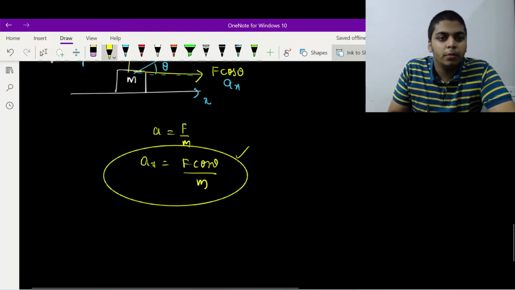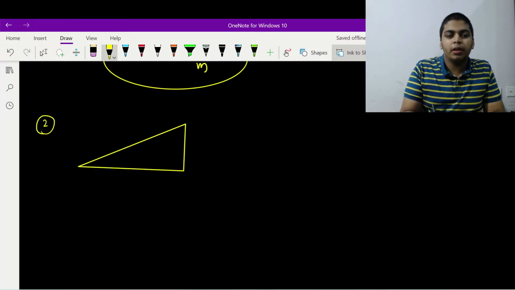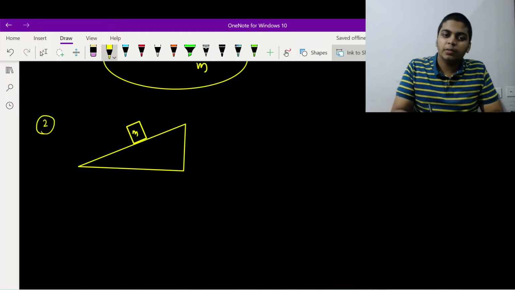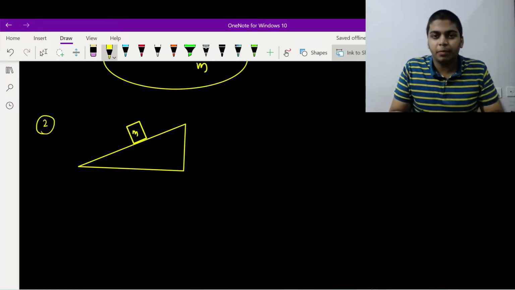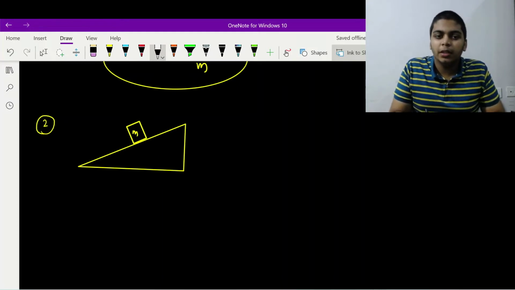Now we'll be looking at the second application. If I have an inclined plane, and a block of mass m placed on it, and if this is smooth, your block will be sliding down the inclined plane. Now he'll be asking you what is the component of weight, or the component of force, that is actually driving it downward.